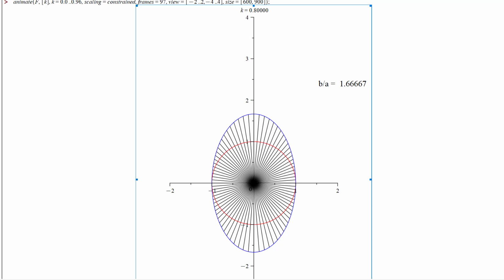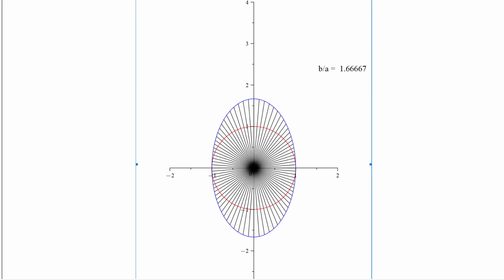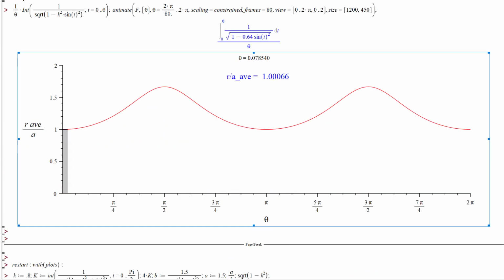And I'm going to find the average r in each of those 80 regions. And so it looks like that. Obviously you've got a maximum r over a average in that tiny little delta phi or delta theta. It's almost 1.67. It's not centered at pi over 2; that's only an endpoint. But you can get closer to 1.667, 5/3. That would be where it's a maximum.